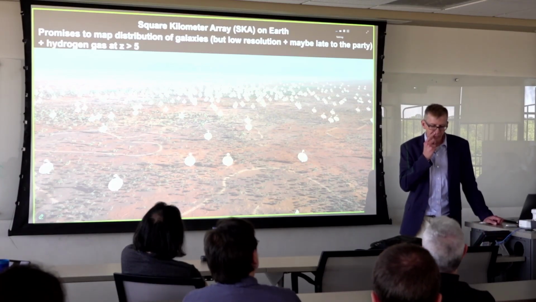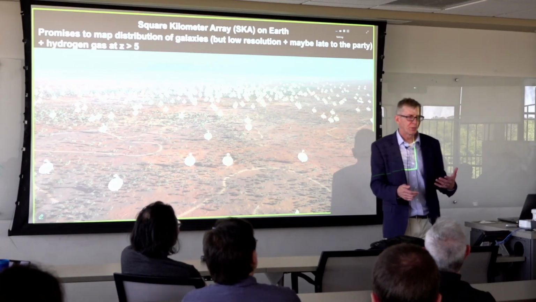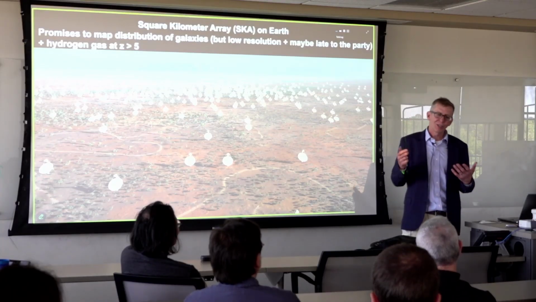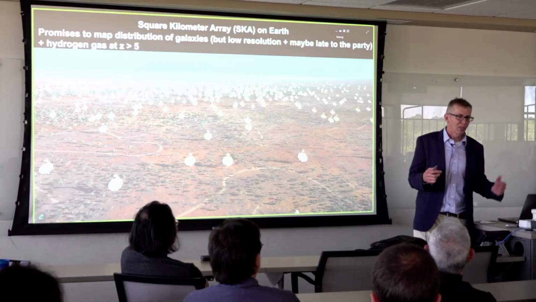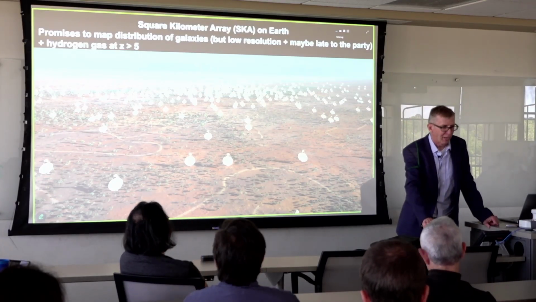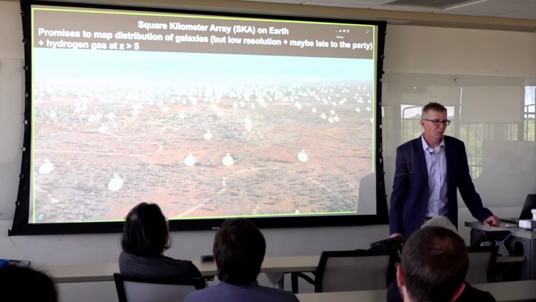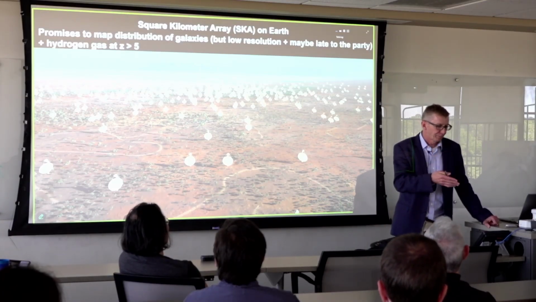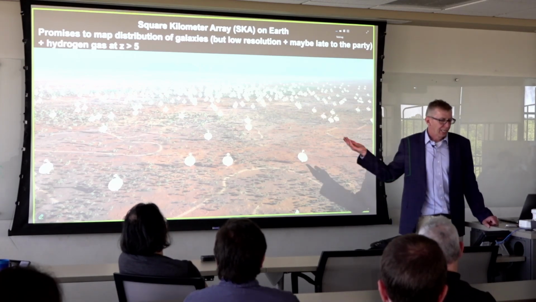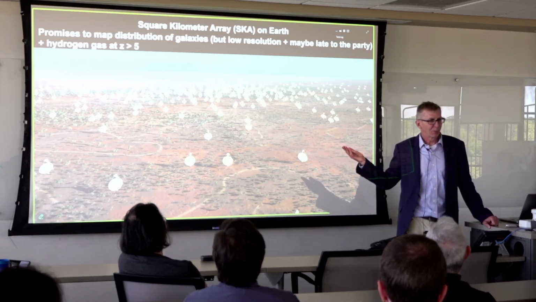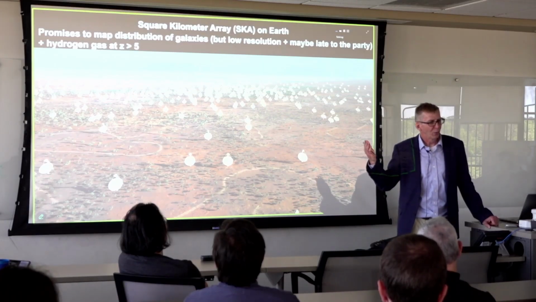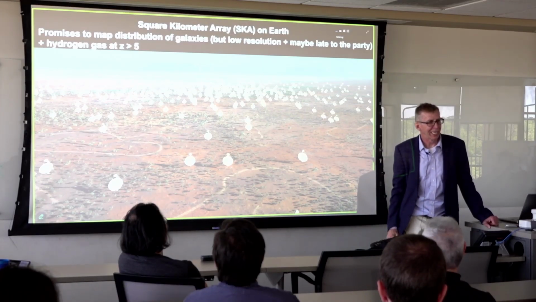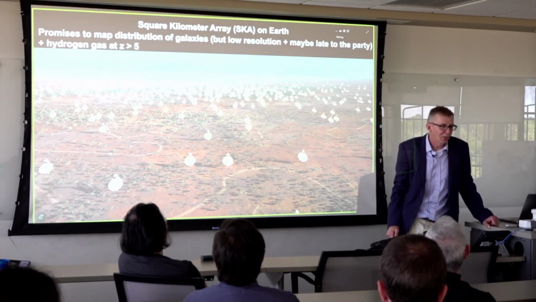And that's just a function of what the backgrounds are. It's more analogous to the microwave background, where the microwave background signal is a small signal relative to foregrounds. Here it's kind of the same thing, and we don't know how good these measurements are going to get. So we don't really know until they're done.